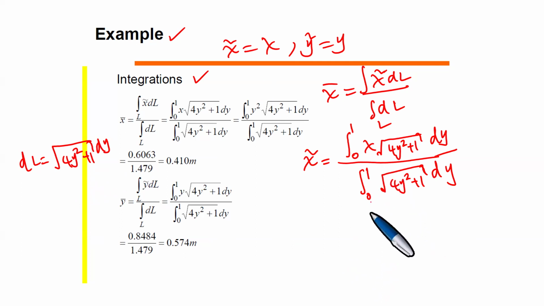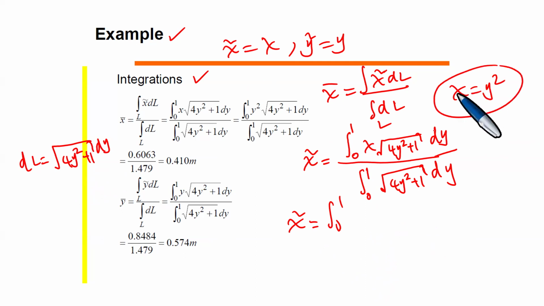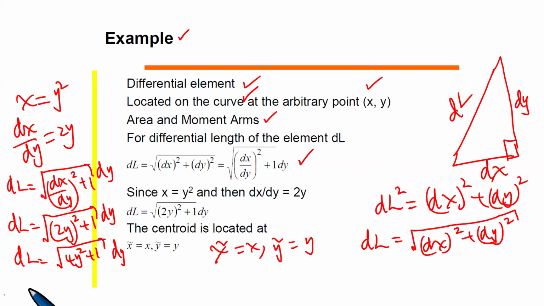Now, what is the meaning of this? This is easy, because you already know the integral from 0 to 1, but also we know that x is y squared. It's the graph. X is y squared.